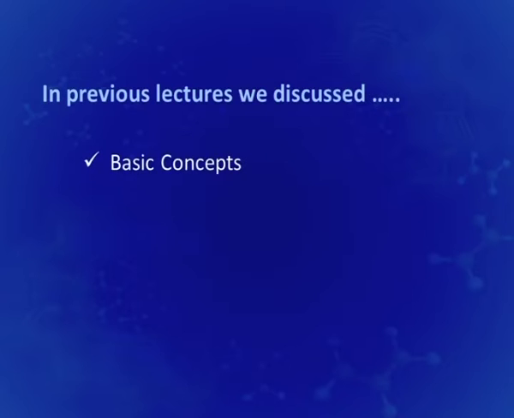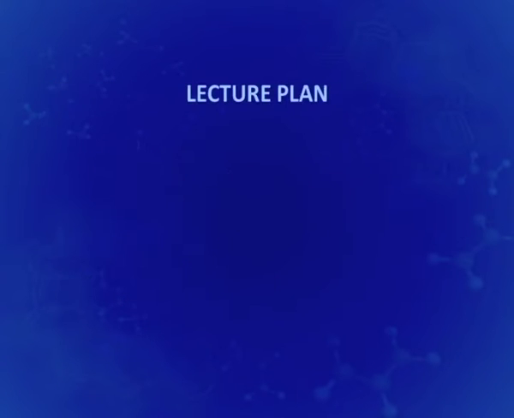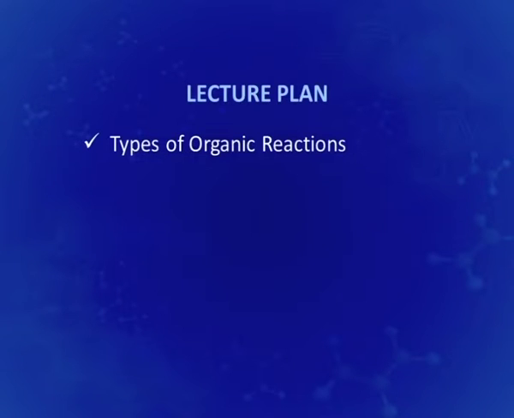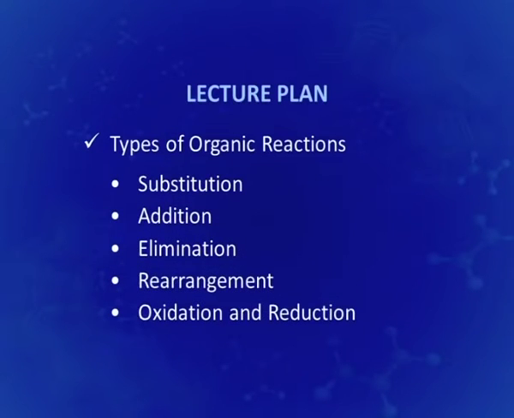In the previous two episodes, we talked about some basic concepts, the types of reagents and the types of reactions. For the current presentation, we take up the types of organic reactions, which include substitution, addition, elimination, rearrangement, oxidation and reduction.